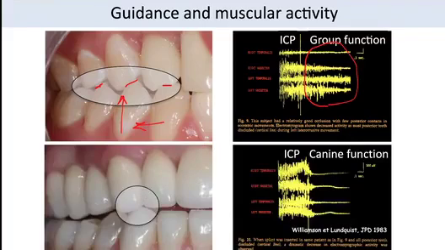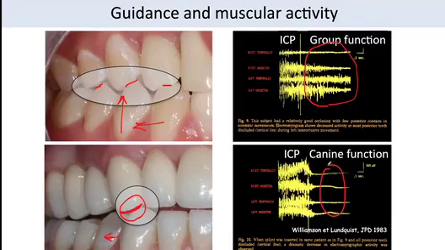If you have a lateral guidance of the canine, only the canine is in contact in lateral movement on the right side here. You cannot activate the muscles, because it is unstable.